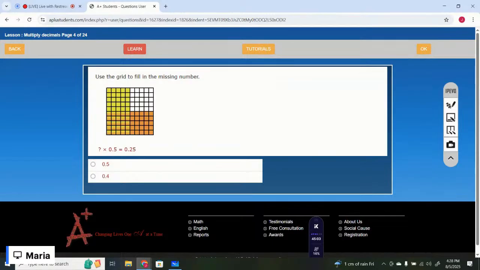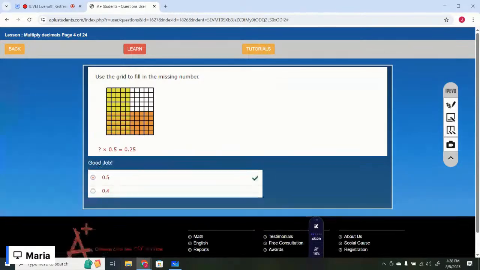Use the grid to fill in the missing number. 0.5 times 0.5 makes 0.25. Option number 1 is the correct option.